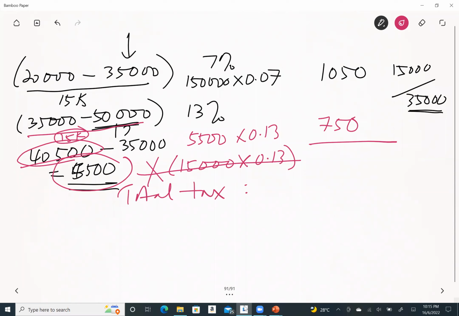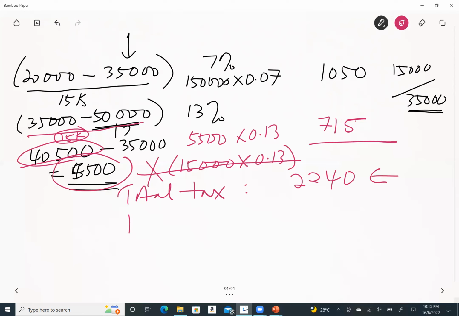So what is the total? 715, not 750. 700 and 15, 715. Okay, sorry. 715. Okay, so the sum total, how much do you get? 2240. Okay, 2240. So this is how much you have to pay.